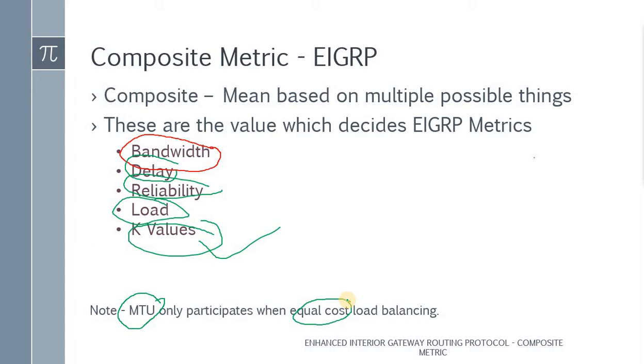Then the lowest MTU size is considered first, and the highest is considered second. So MTU doesn't play a part in deciding the metric, but it does when equal cost load balancing has been configured.